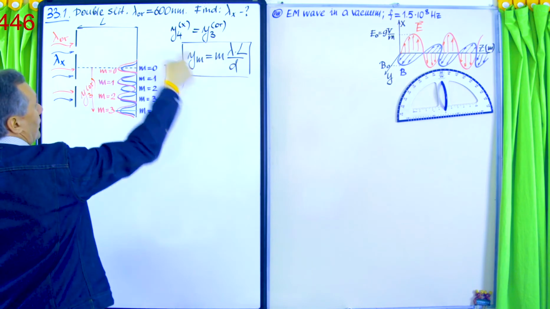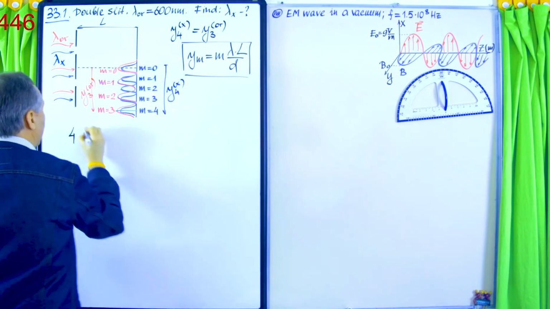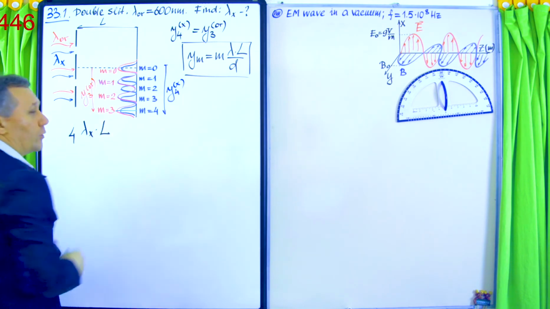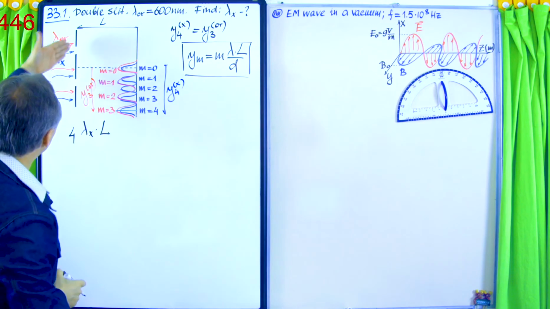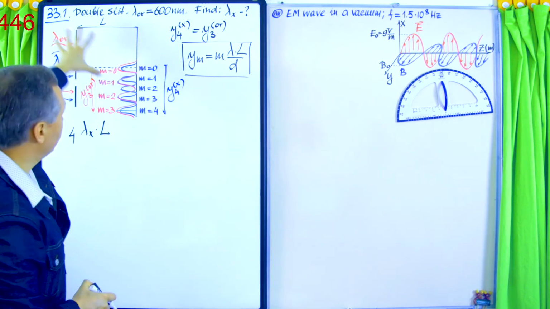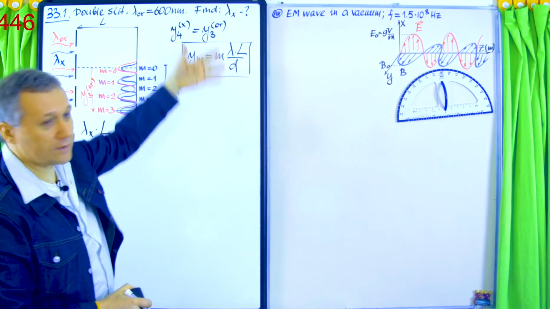So for the unknown light, this will be 4, then lambda of the unknown light, lambda x. Since both of the lights illuminate the same system, L is exactly the same for both lights. So I'm going to use the same L for both of these y's.